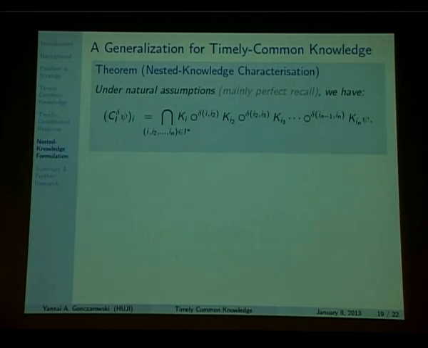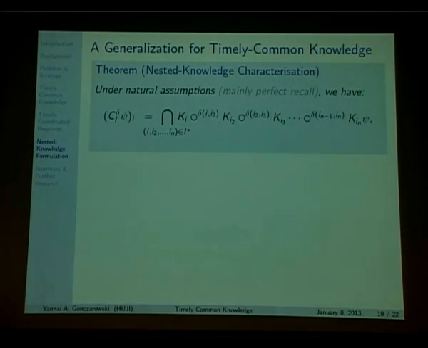The ith coordinate of timely common knowledge is exactly what we've iterated at the beginning. The ith coordinate, or let's say the L coordinate for the robot L, is: L knows that in 3 from now, R will know that 7 from now, L will know that 3 from then, R will know that 6 from then, D will know, and so on and so forth.